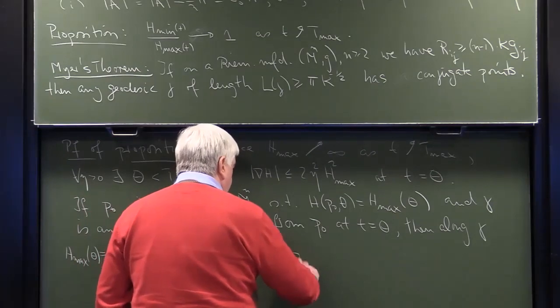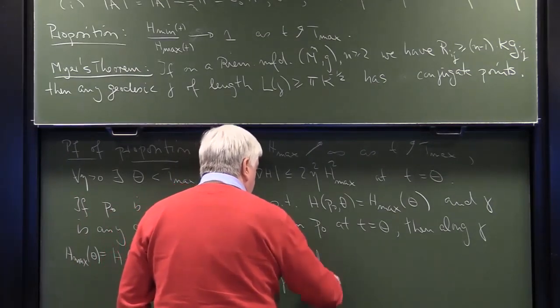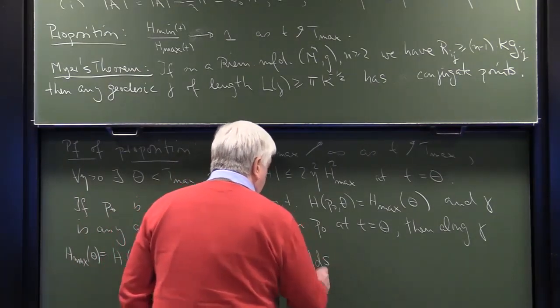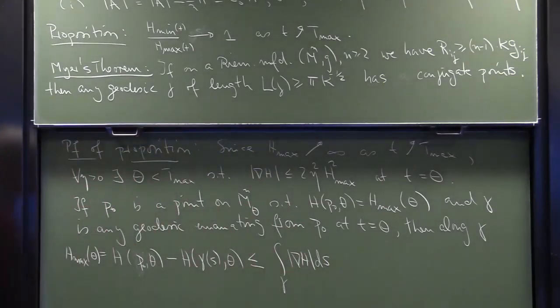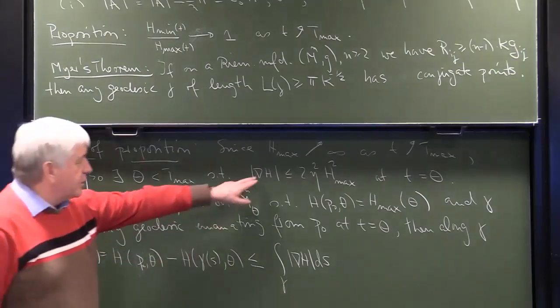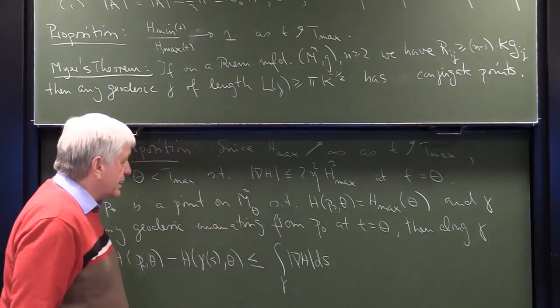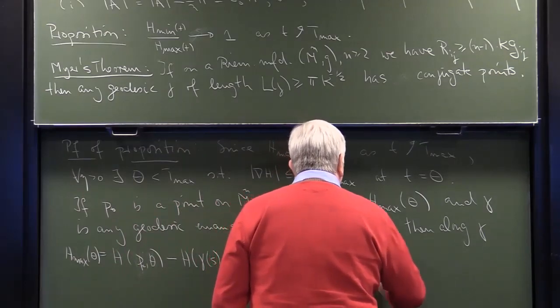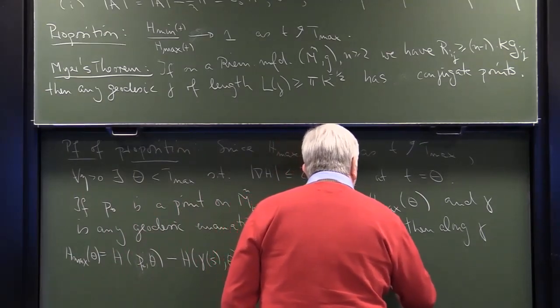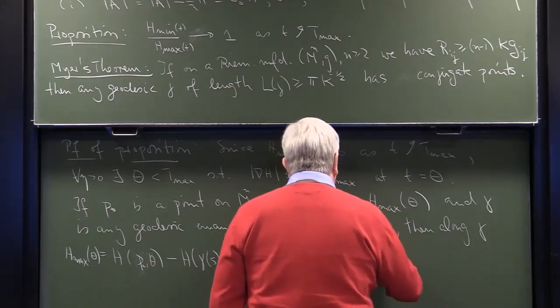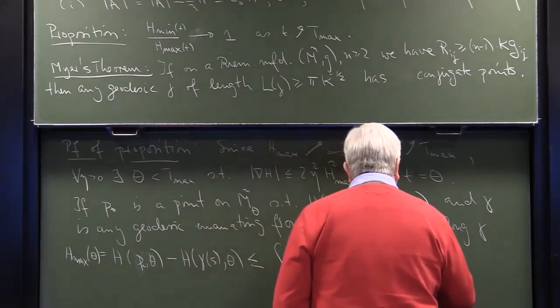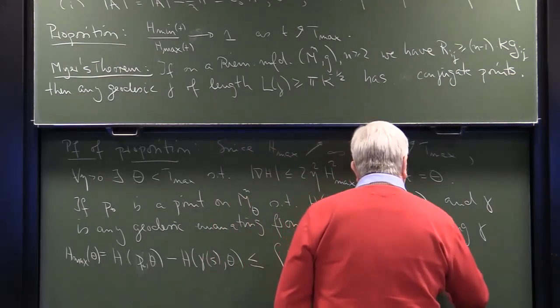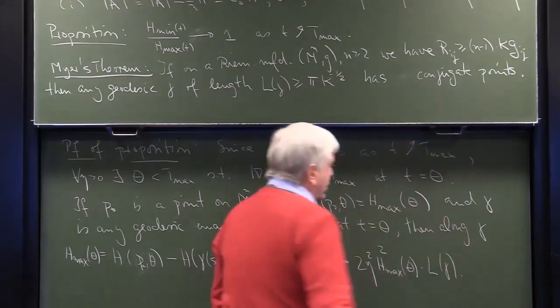So we get the gradient of h along this curve. And now we insert our estimate here, so this is less than 2 eta squared h max squared at theta times the length of the curve.